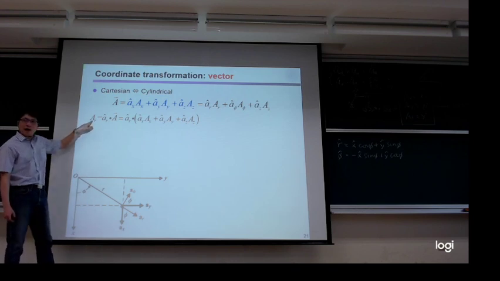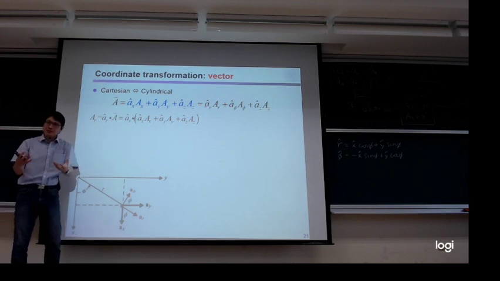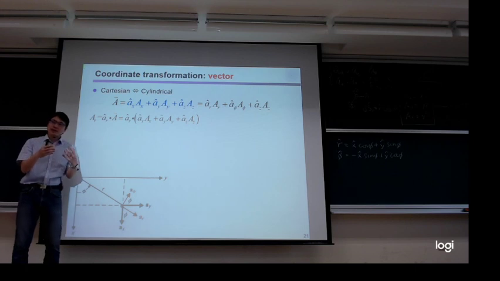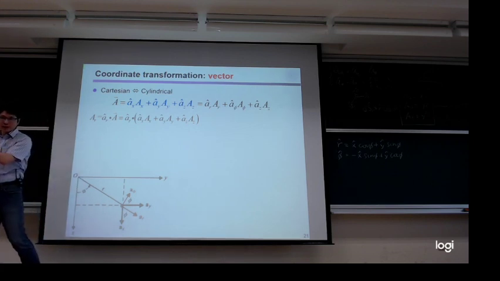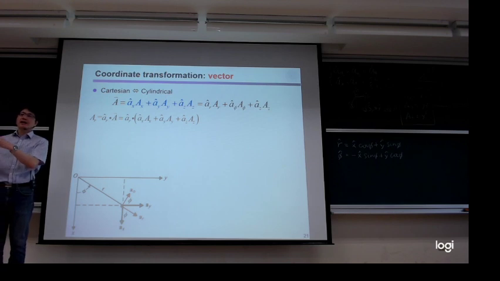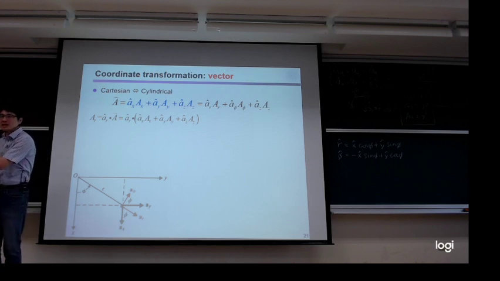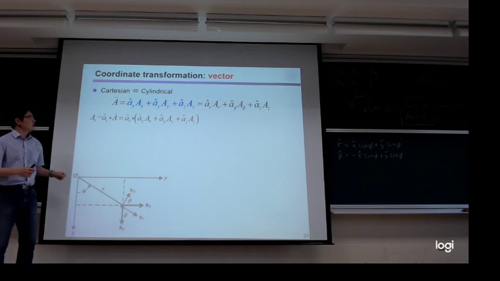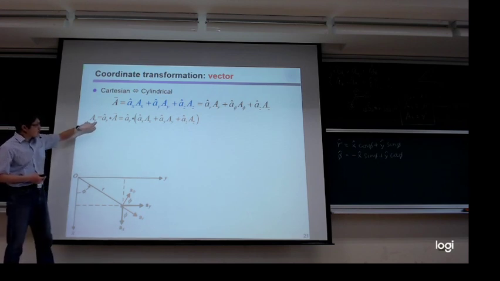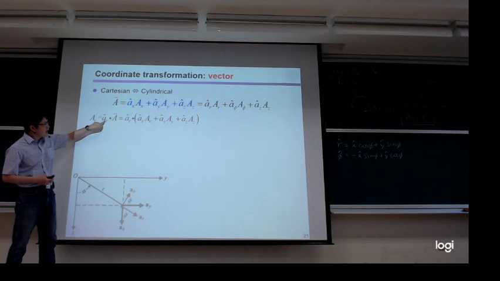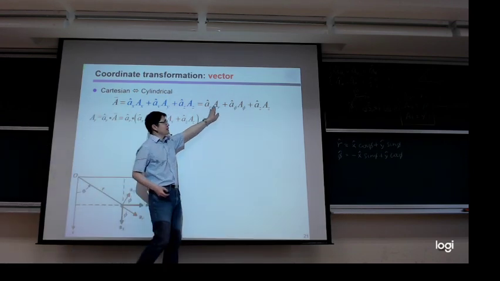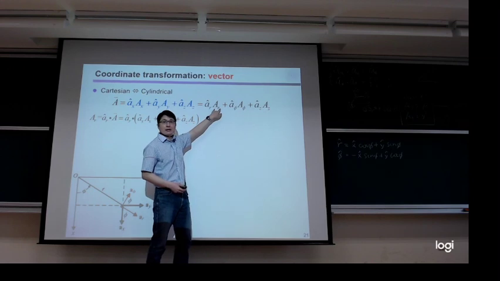So I know how to extract the Ar component. This is what I want: to transform the vector in Cartesian coordinates into cylindrical coordinates. So I need to be able to write down Ar, A phi, Az individually. So in the process, I extract this one by making an inner product of the r unit vector with A. So on the right-hand side, I only have Ar.